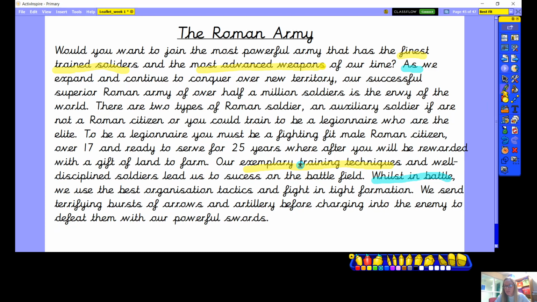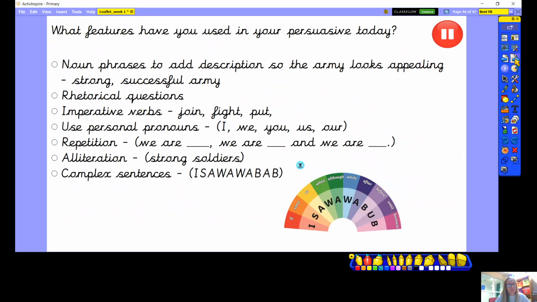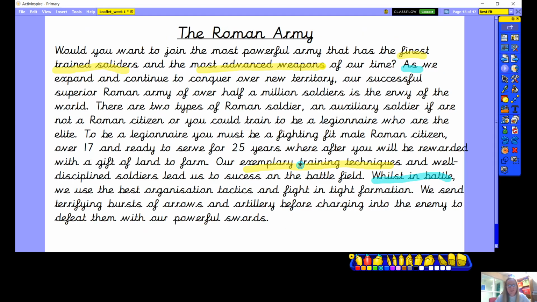Let me just remind us of our signs of success here. So imperative verbs, have I got some imperative verbs in there? Join, fight, put. So let's look for some of those in our paragraph. Imperative verbs: join, would you want to join army? You could train, so telling you what you can do.